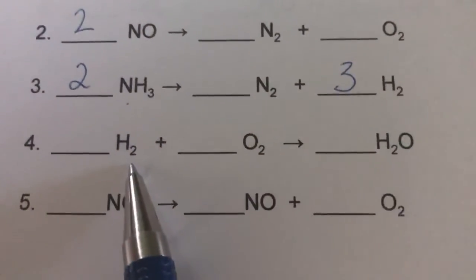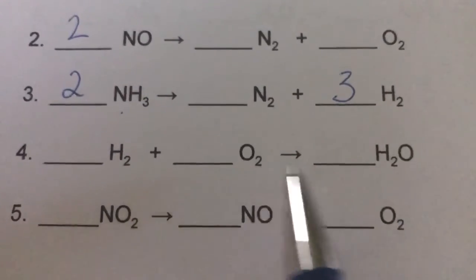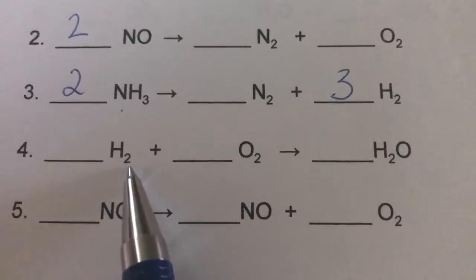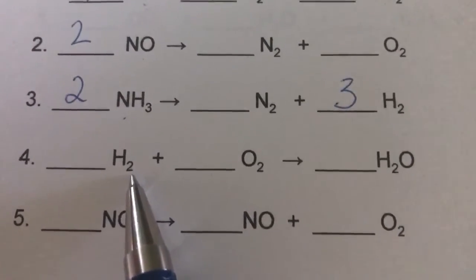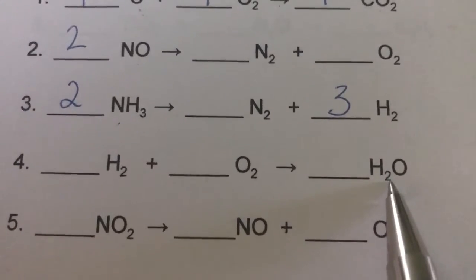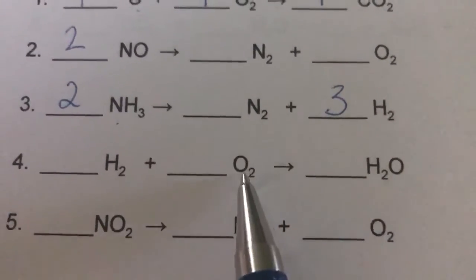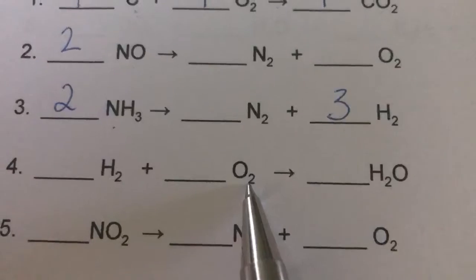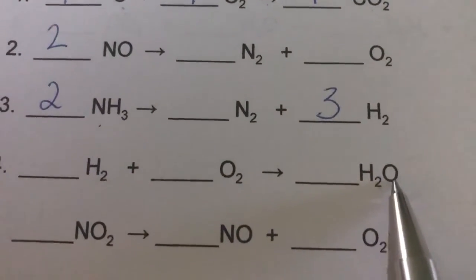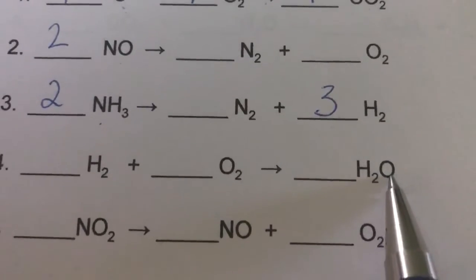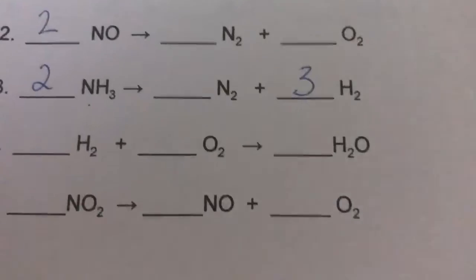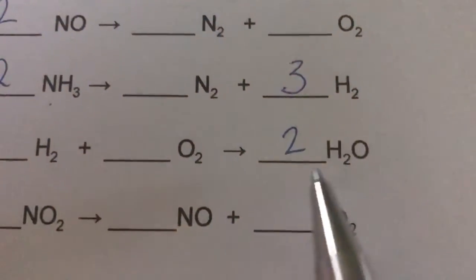And my answer here is 2 to 1 to 3. When I look at hydrogen gas plus oxygen gas produces water, you can see that I have 2 hydrogens on the reactant side, and I have 2 hydrogens on the product side. They balance. However, I have 2 oxygens on the reactant side, and I only have 1 oxygen on the product side. They don't match. So what do I multiply 1 by to get 2? Well, again, I'm going to put a coefficient of 2 here.